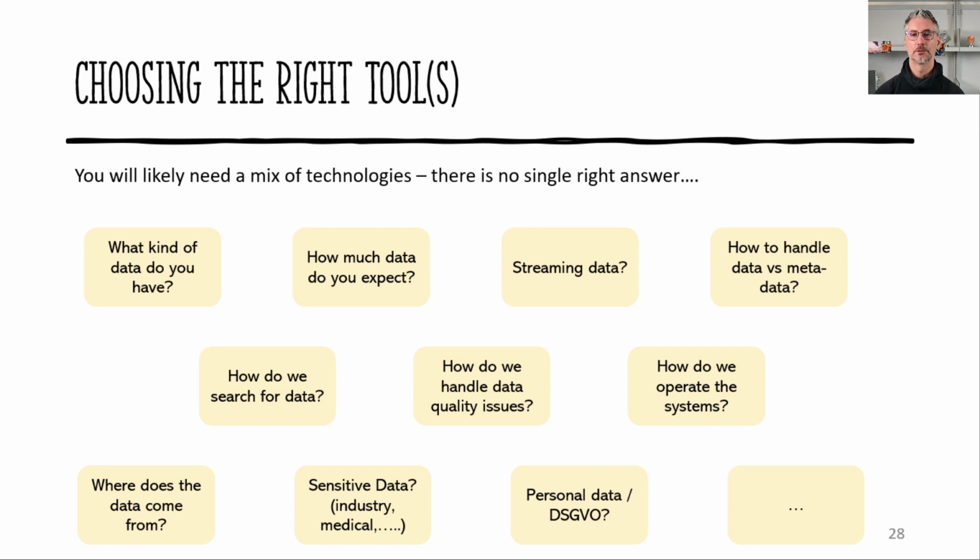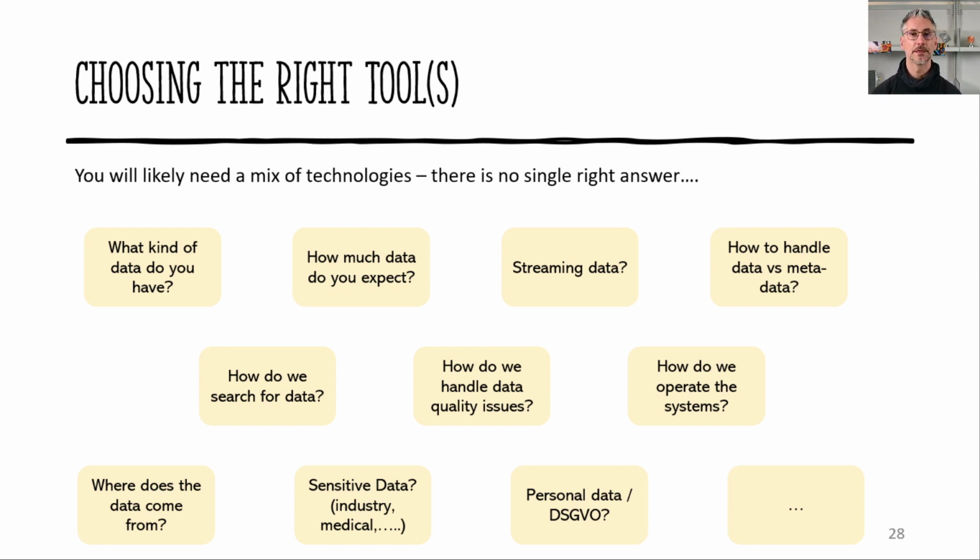Is it more document, or is it maybe organized in a different way? How much data do you expect? It makes a difference if you have a few terabytes or hundreds of terabytes or a petabyte. Do we have streaming data at all? If not, that makes our lives, of course, a lot easier. If you have streaming data on top of dealing with structured, unstructured, graph data and so on, we also need to process the stream of data.